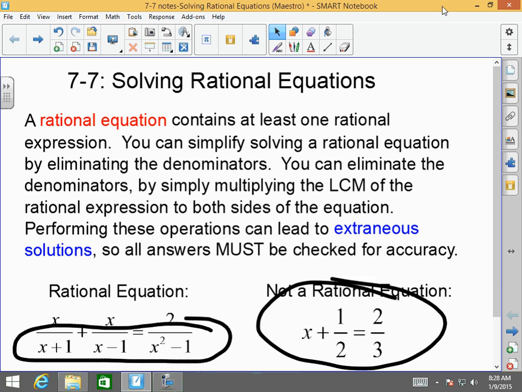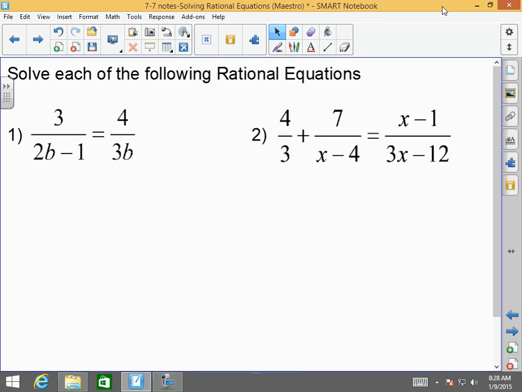There are no variables in the denominators. So if there are no variables in the denominator, that's easy. We know how to do that with our eyes closed. When you have variables in the denominator, that's when we have to eliminate these denominators by multiplying by the LCD to both sides.